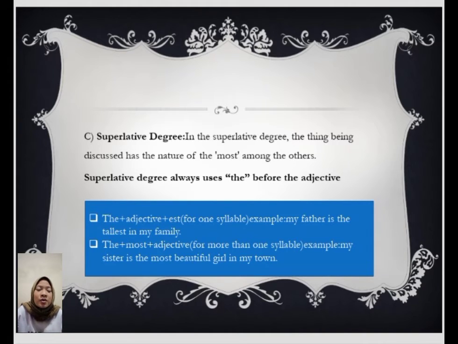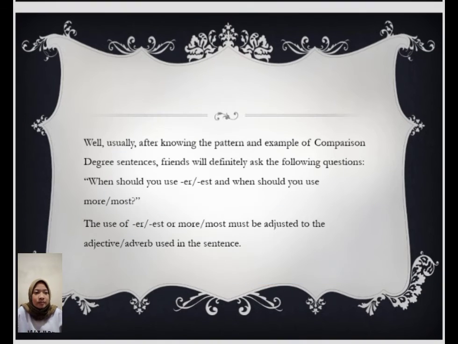And number 2 for superlative degree is the plus most plus adjective, and this is used for more than one syllable. For example, my sister is the most beautiful girl in my town.